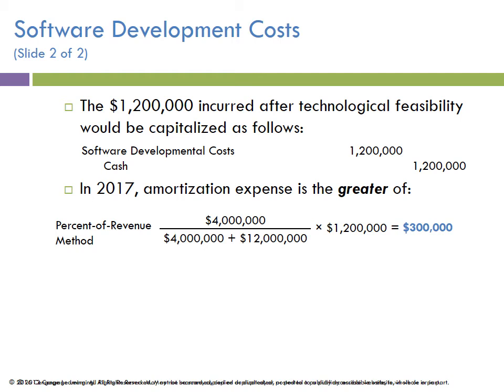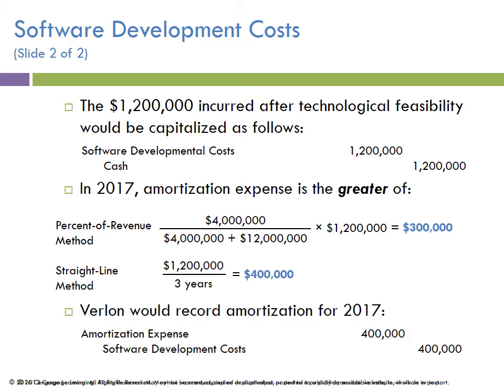It is expected to earn an additional 12, so $16 million. That percentage of the software cost would be expensed, or $300,000. The other method is straight line, and you take the greater of the two. $1.2 million divided by 3 years. So you would debit amortization expense and credit the software development costs, $400,000.